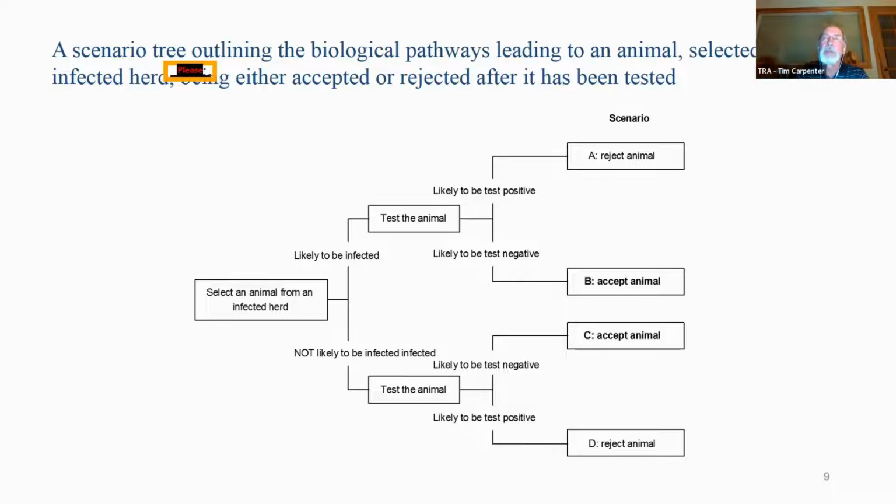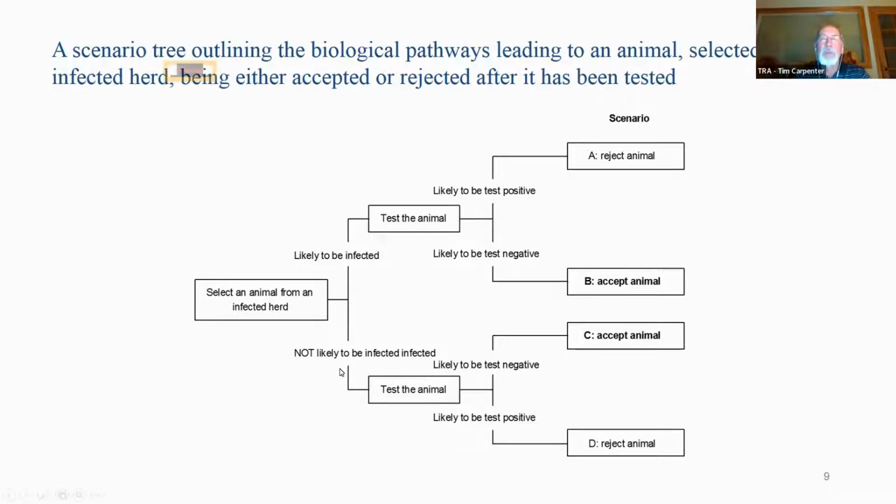So it'd be a good test on an infected animal. Or you could have a false negative test where the sensitivity is not perfect, and you may have an infected animal that you actually accept because the test was negative, even though the animal's infected.